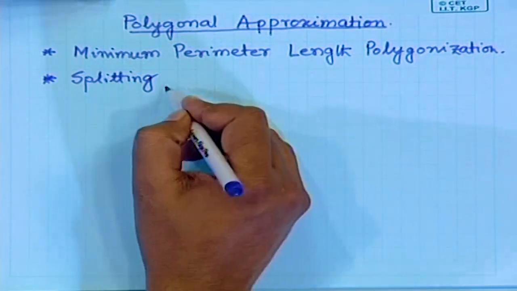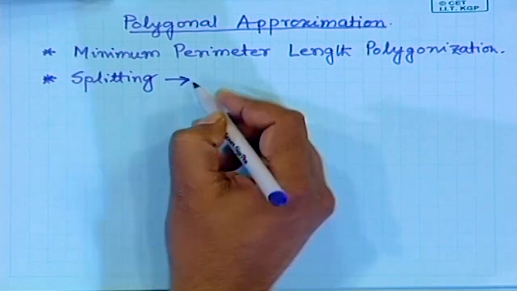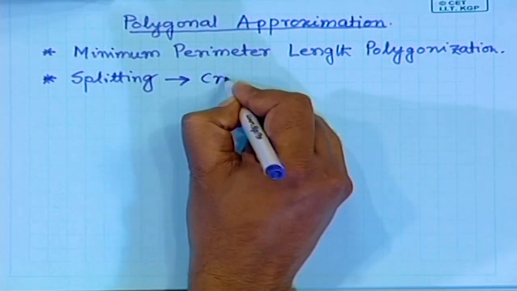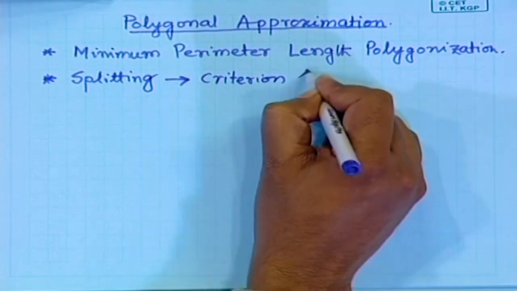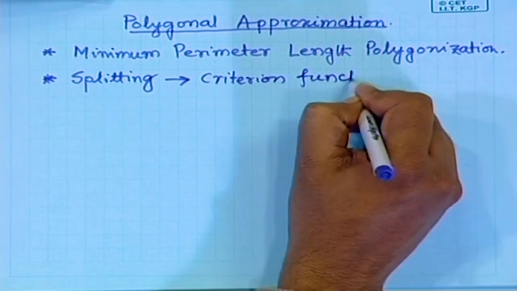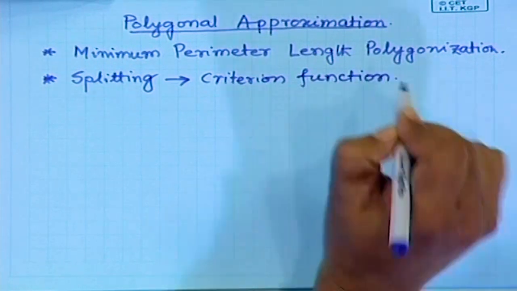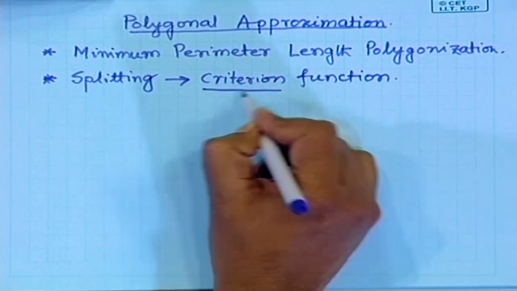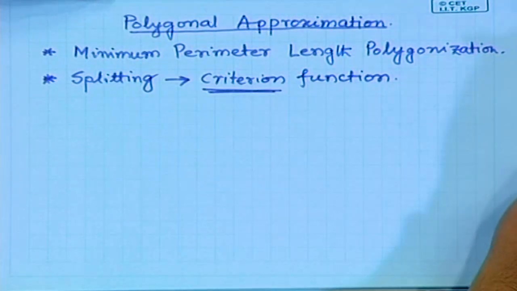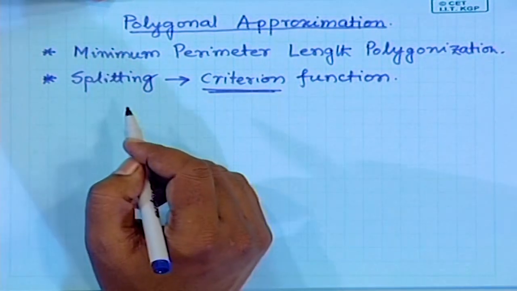Normally we have a criteria function associated with the splitting technique, and based on it I can have different types of splitting algorithms. We will discuss them one after another.